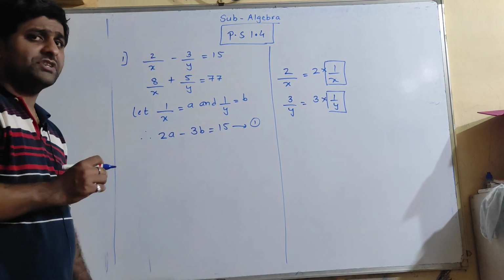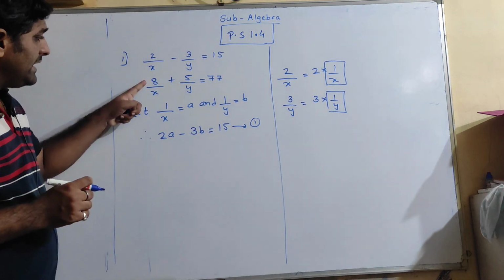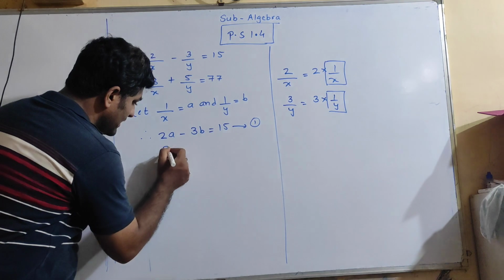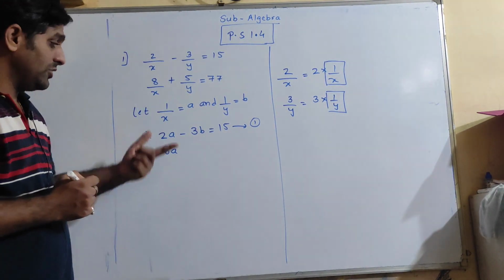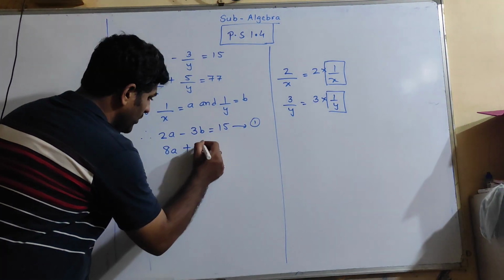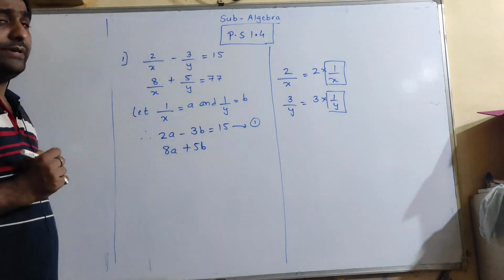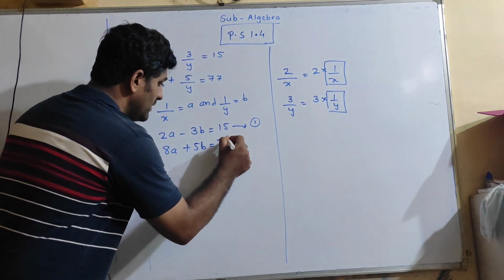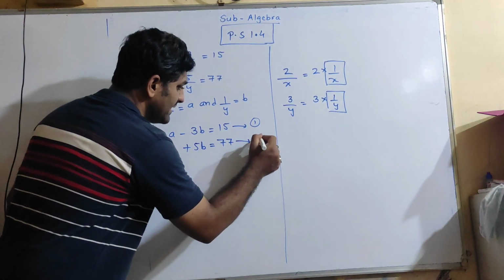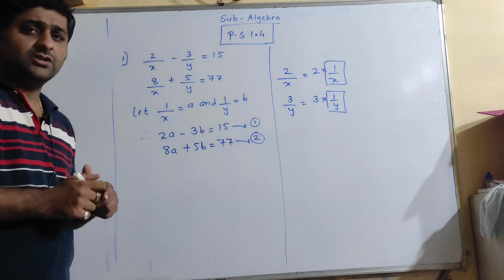Let us discuss equation number 2. 8 upon x can be written as 8a, plus 5 upon y, which can be written as 5b, and that is equal to 77. Let's take this as equation number 2.